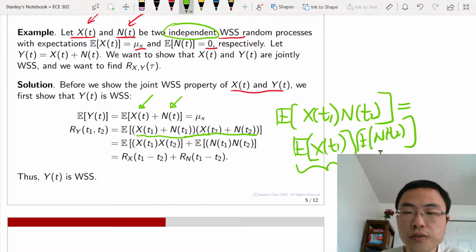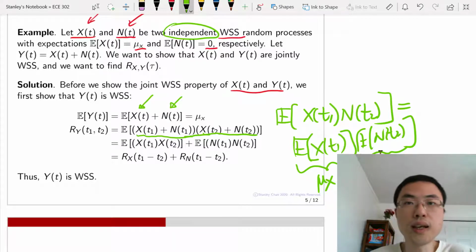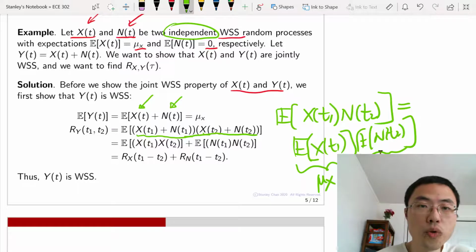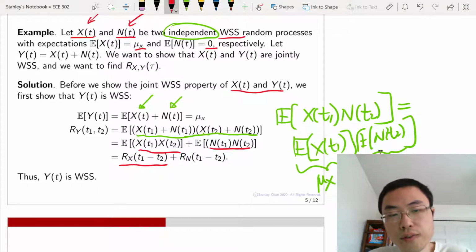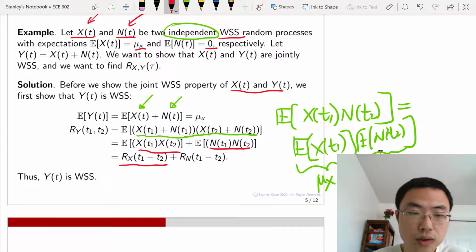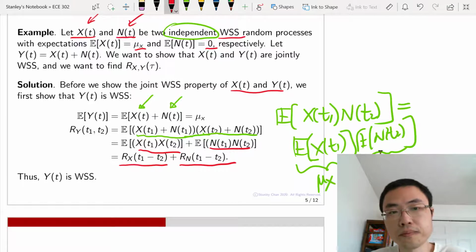Now this will give you a mean of mu x, and this will give you a mean of 0, and therefore all the cross terms between x and n are gone. What remains will be the self terms, which is x and x, and then n and n. These will give you the autocorrelation function of x and the autocorrelation function of n.